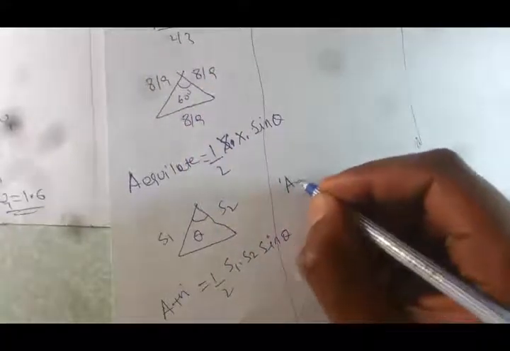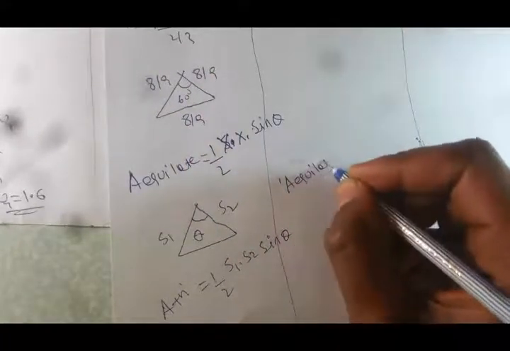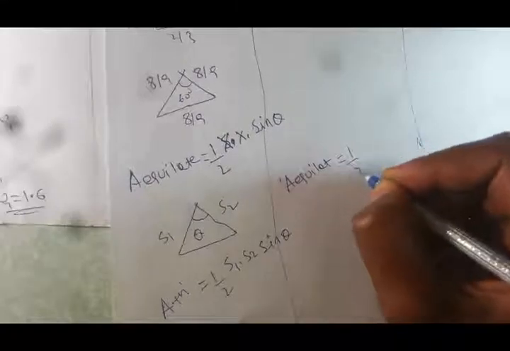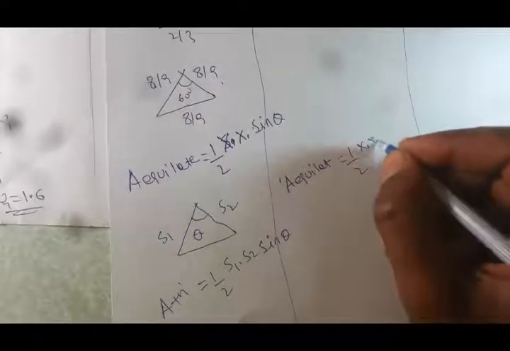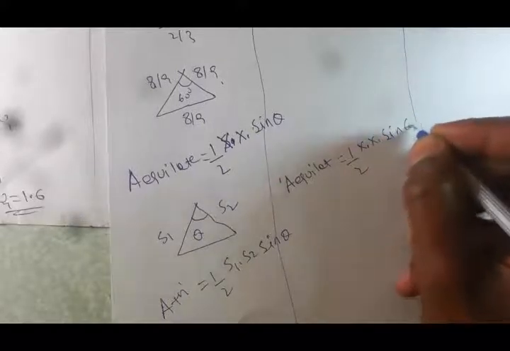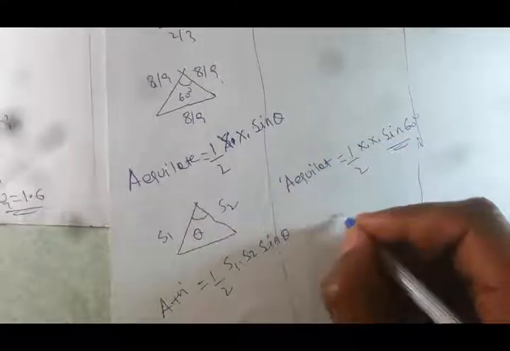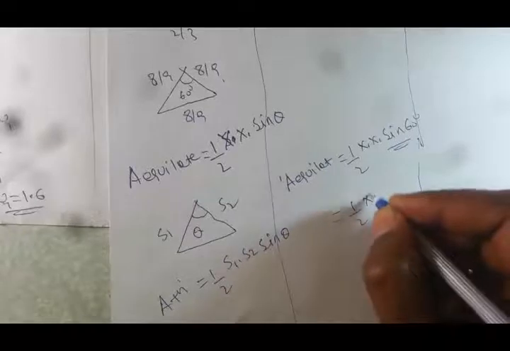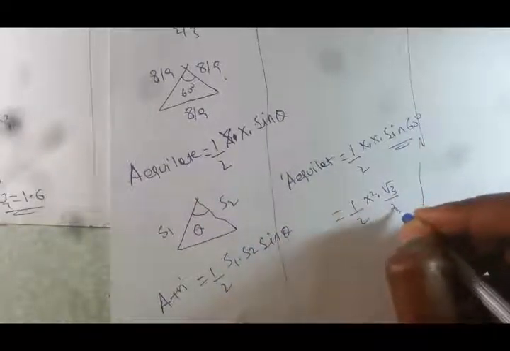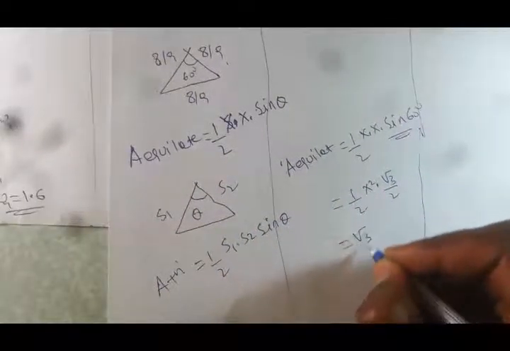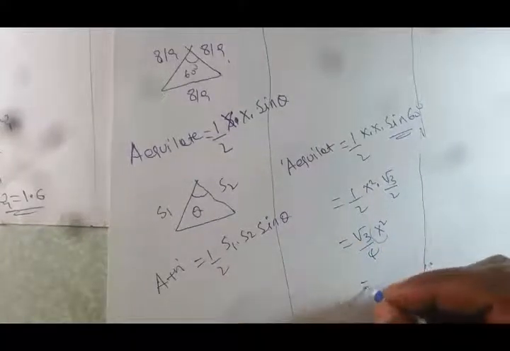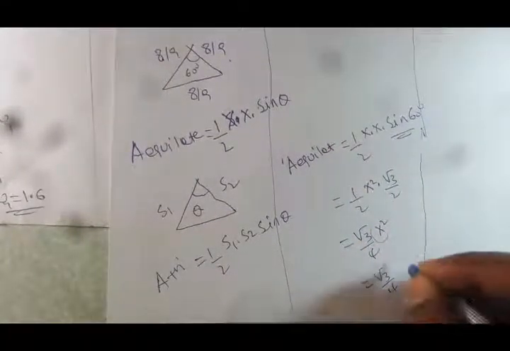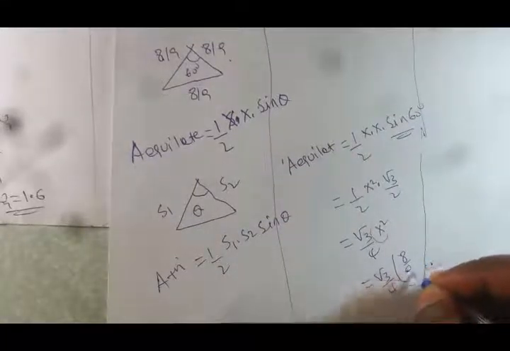Therefore, the area of the equilateral triangle is given by 1 over 2, side 1 is x, side 2 is x, times sine 60 degrees. Sine 60 degrees is root 3 over 2, so this is 1 over 2 x squared times root 3 over 2. This is equal to root 3 over 4 x squared. We already found the value of x. This is equal to root 3 over 4 times 8 over 9 the whole squared.